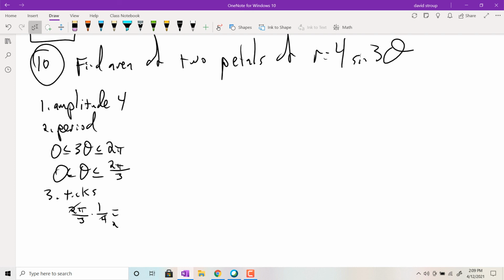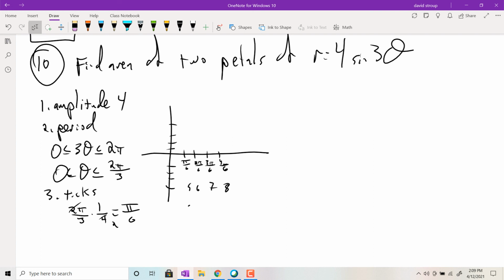So pi over 6. And then we can go to our 1, 2, 3, 4, pi over 6, 2 pi over 6, 3 pi over 6, 4 pi over 6, 5, 6, 7, 8, 9, 10, 11, 12 if we need it. And then it's a sine function, so this time it starts at 0 and does some oscillating behavior.